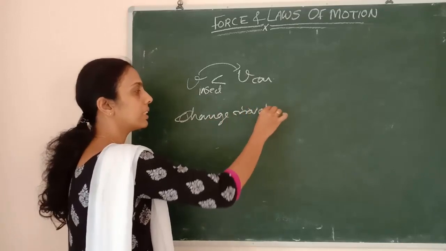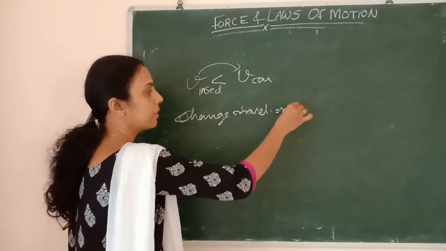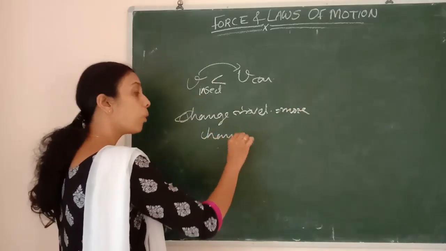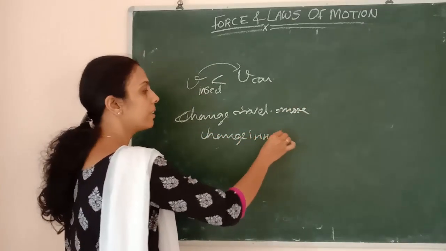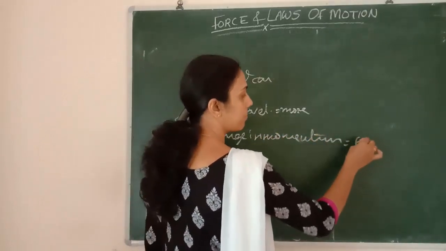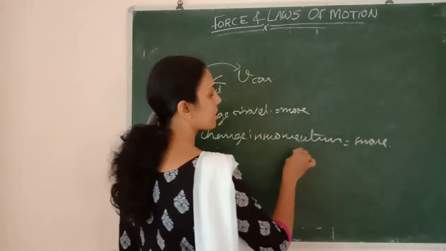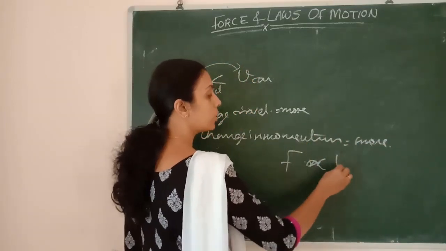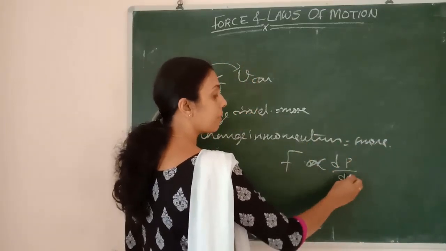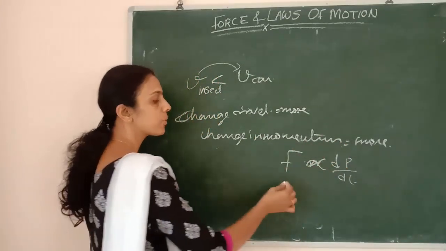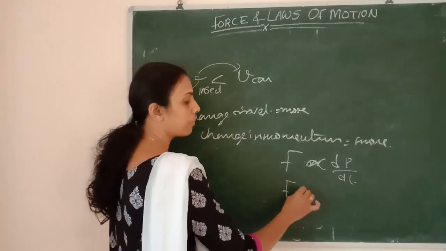So the change in momentum also will be more. So the force experienced will be more, because F is proportional to dP by dt. In a very short interval of time, a very high change in momentum, so the force acting also will be more.